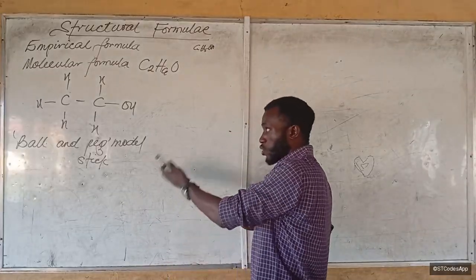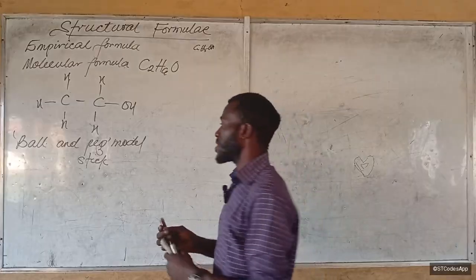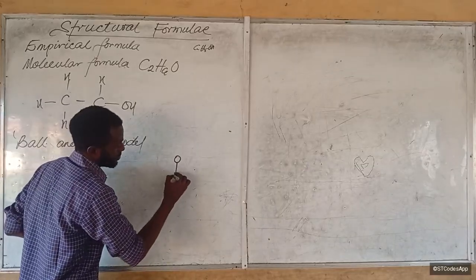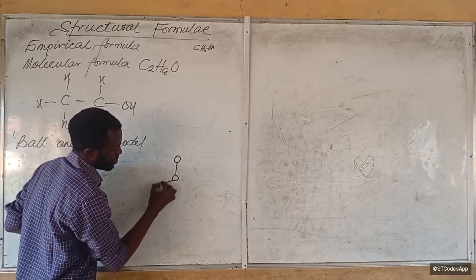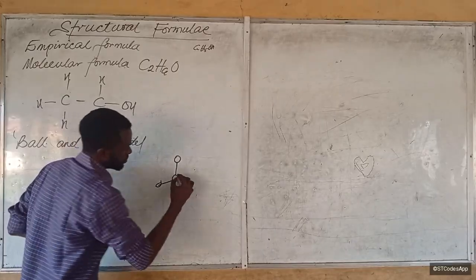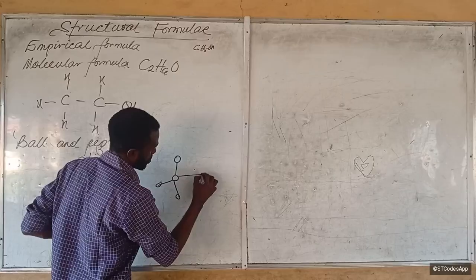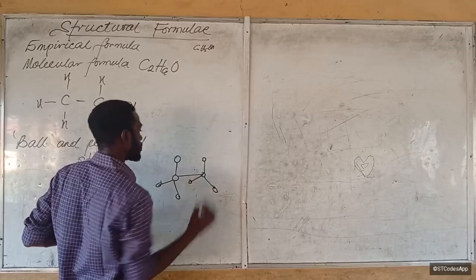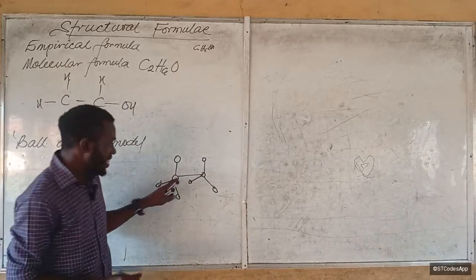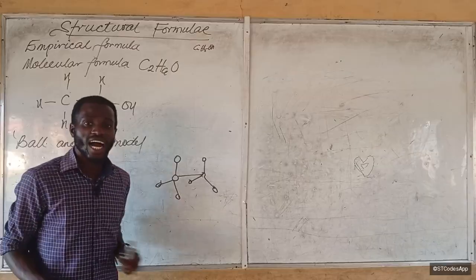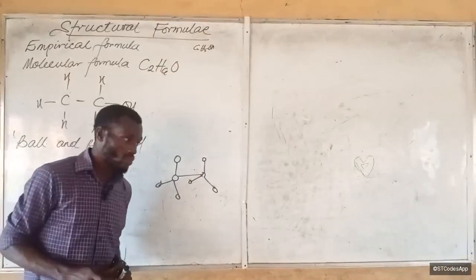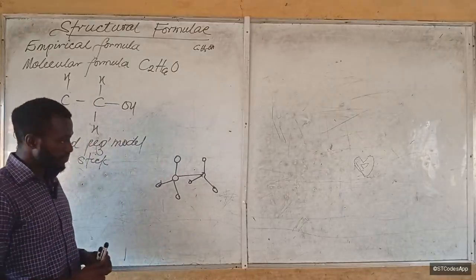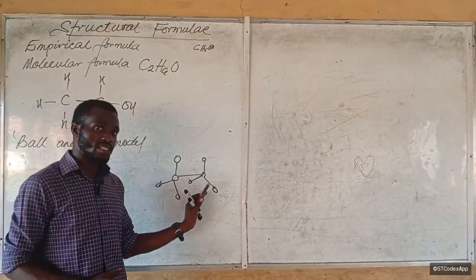So the ball and stick model for this molecule, for example, is going to be something like this. Okay, so where these balls here are representing the atoms, carbon in this case, hydrogen and OH. So this is going to be the spatial arrangement.